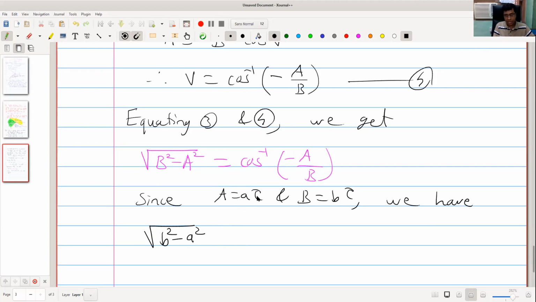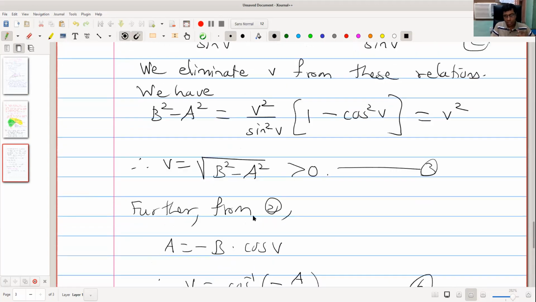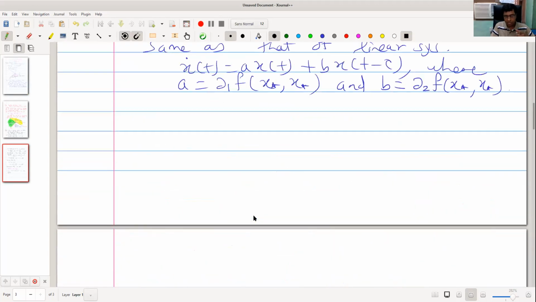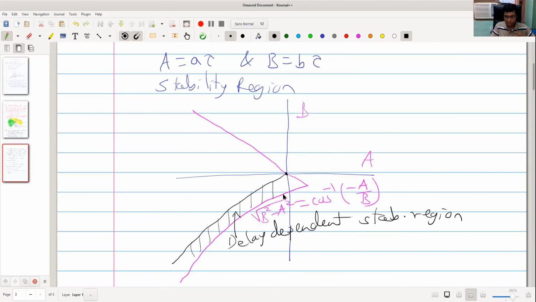And we call that value of tau as tau star. Tau star is value of tau on this boundary of stability curve.